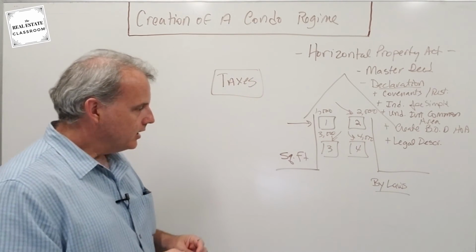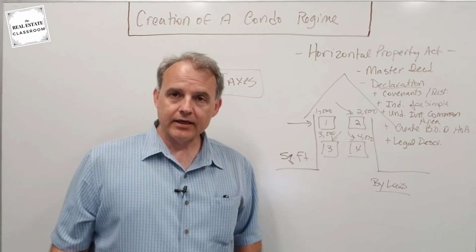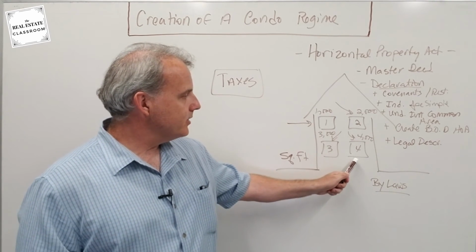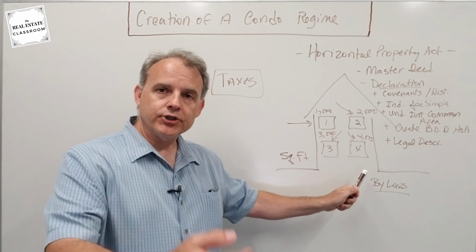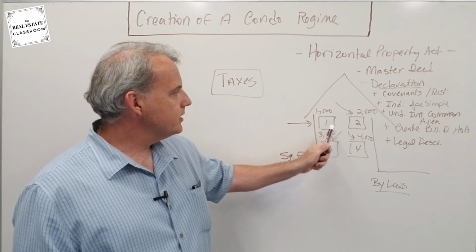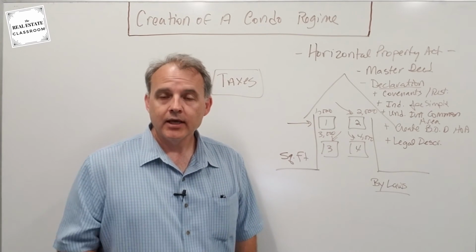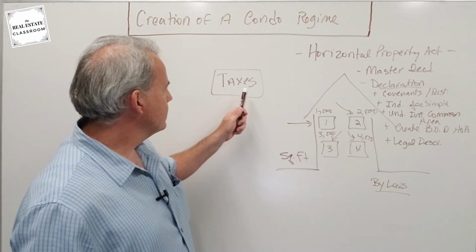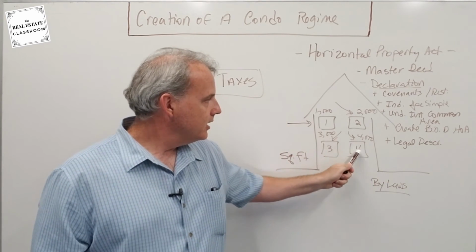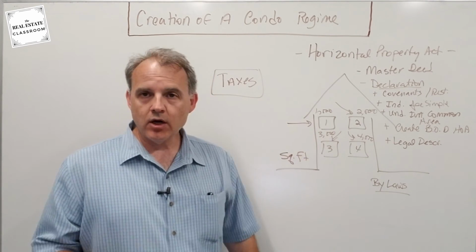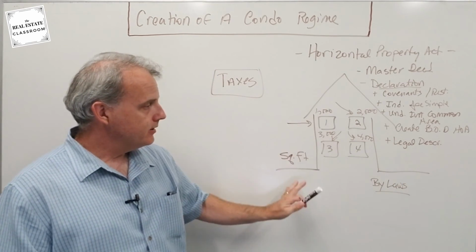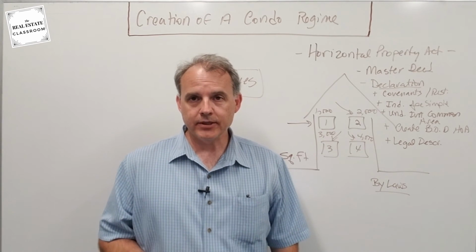Unit number 4 is the biggest because of the square footage, so they're going to pay a larger share of the property tax than the person that has only 1,000 square feet. Now, the key here is the county is going to send the tax bill to each one of the unit owners individually. The condominium regime will not receive a tax bill.